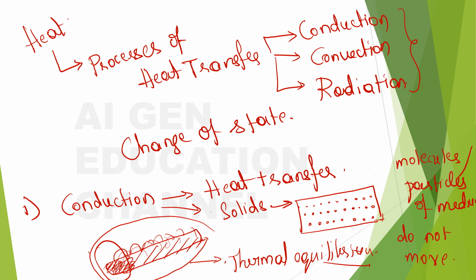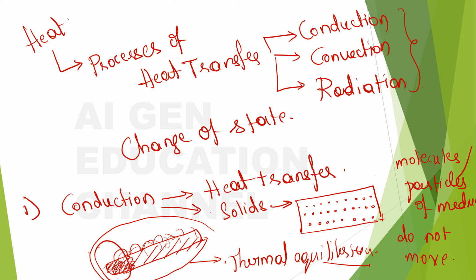So this is about conduction, right? I hope you all got it. What are the important things that you have to see here? One thing you have to remember is that heat flows from areas of high temperature to low until thermal equilibrium is achieved, right? You say that conduction is applicable to solids because here the molecules are tightly packed, right?